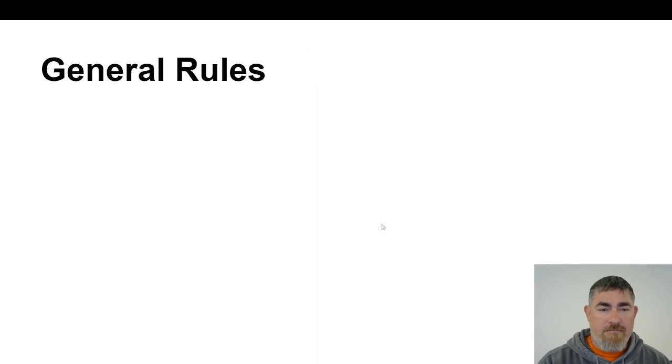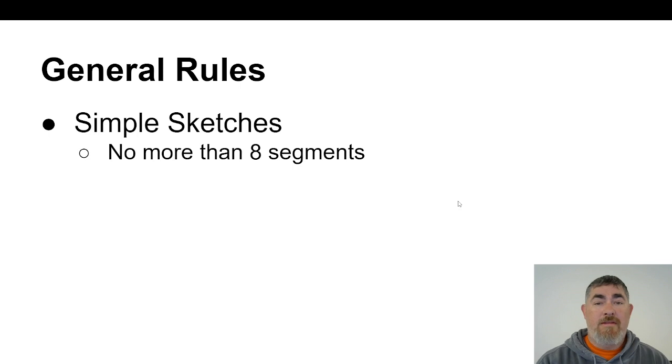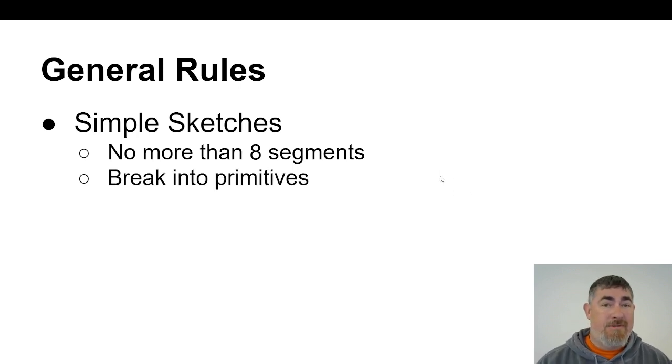So some general rules that I kind of made up over the years of doing this: keep your sketch simple. No more than 8 things, and usually I try and get less than 6. Break it into primitive shapes, cylinders, rectangles. If I can do a cut with just a single line or a couple lines to break it up, that's even better.